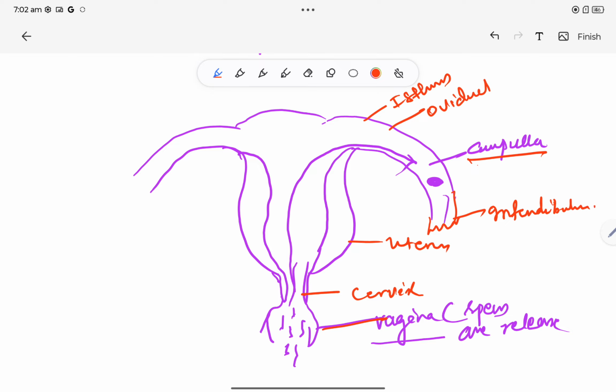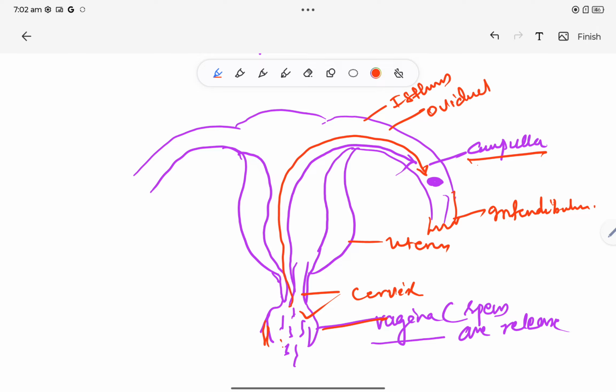Now when the semen is released here, semen meaning seminal plasma plus sperm, the sperm must have vigorous motility and normal shape and size, because the sperm is released here but has to travel up to the ampulla for fertilization.